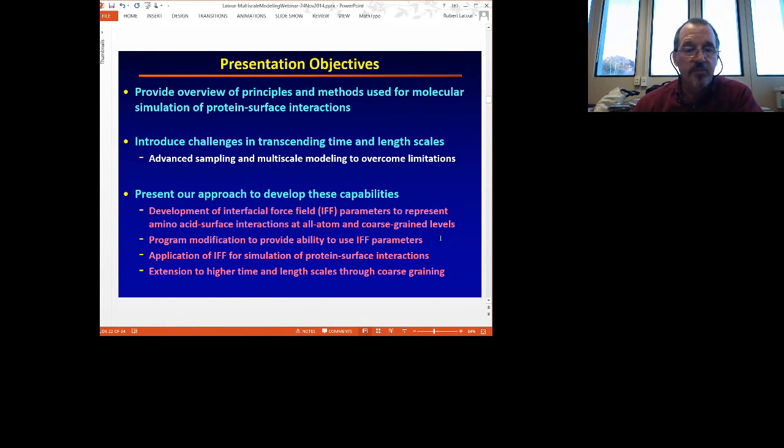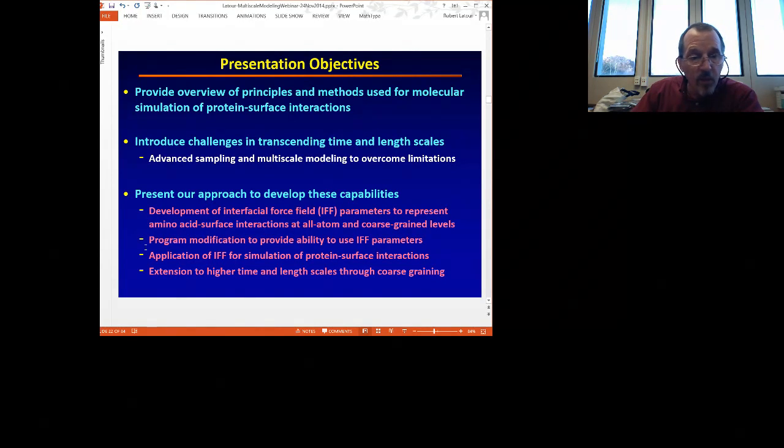Most molecular simulation programs are developed to use just one force field for the whole system, and the interface just falls out of the parameters you're using for the solution phase versus the solid phase. We found, as I'll show, that we really need a separate set of parameters to treat the interface as a separate phase in the material to be able to simulate the interactions between proteins and surfaces correctly.